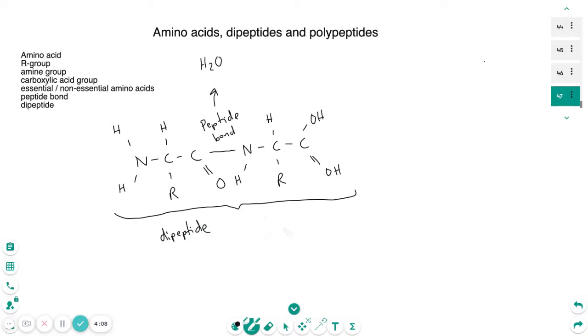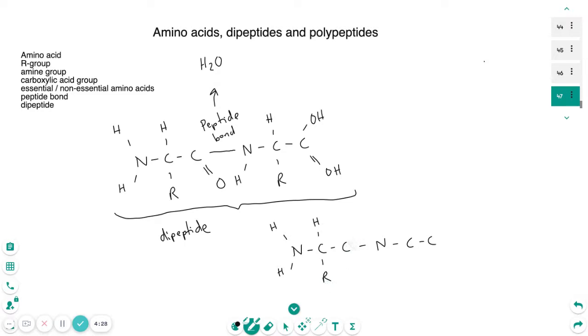Okay, so let's draw a little bit neater again so we can see it. So I'll just draw it without the bond happening. So I can do N, C, C, N, C, C. That's already shown the two amino acids joined together. H at the top.